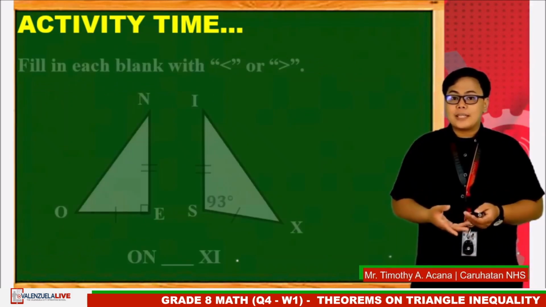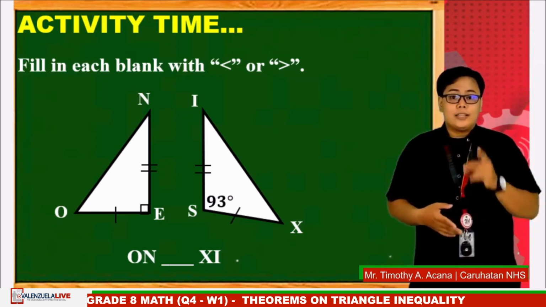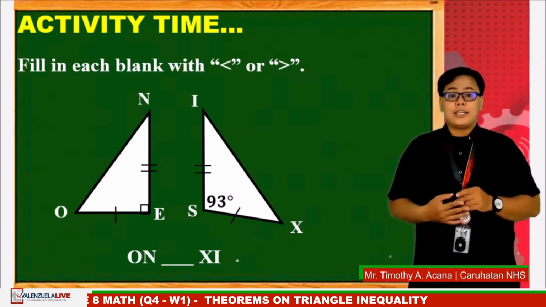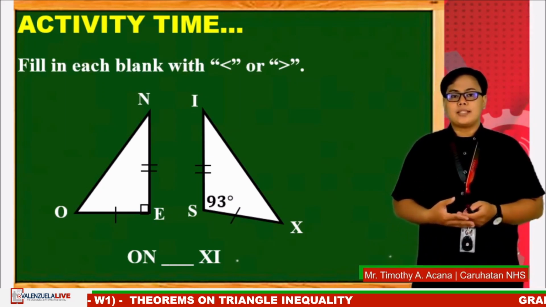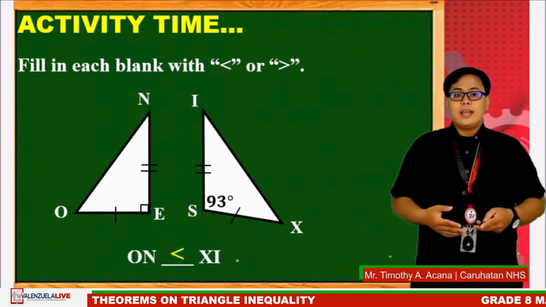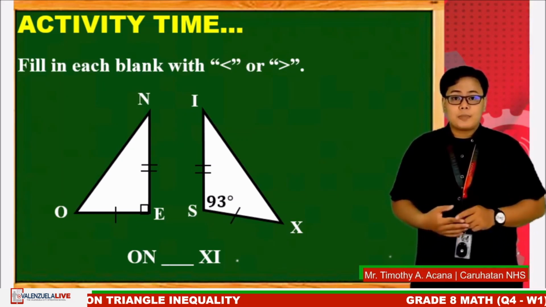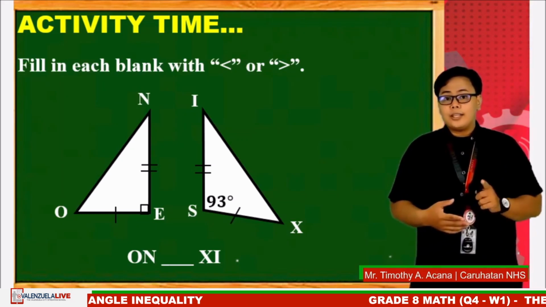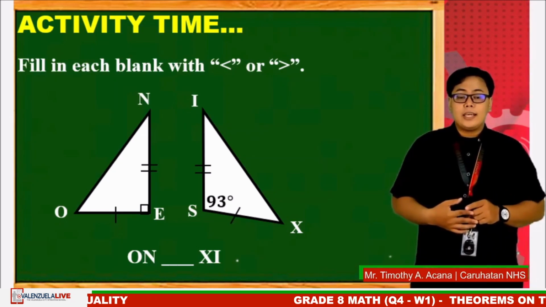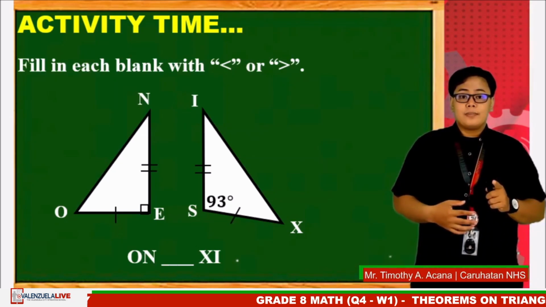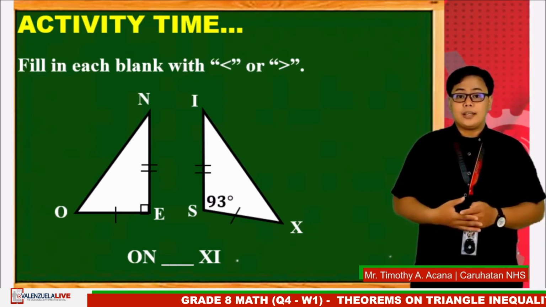For our next activity, you are going to fill in the blank with the is less than or is greater than symbols. We have here triangle 1 and triangle 6. Based on the given, if you will notice, the two sides of triangle 1 are congruent to the two sides of triangle 6. And the measure of angle E is 90 degrees, which is less than the measure of angle S, which is 93 degrees.